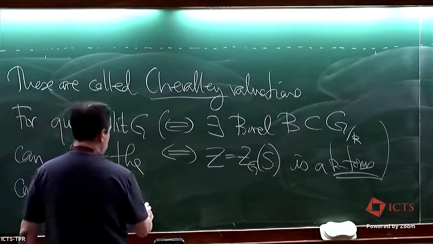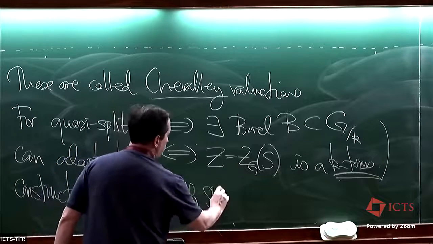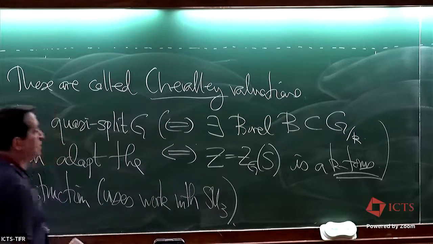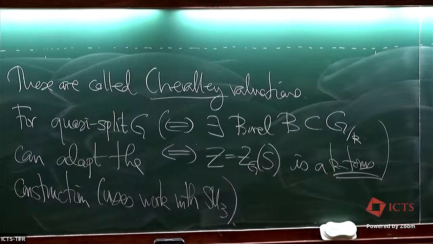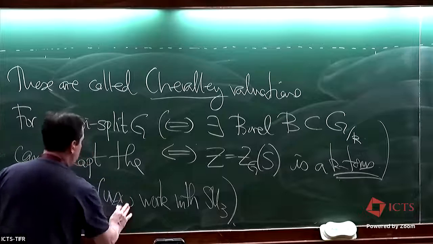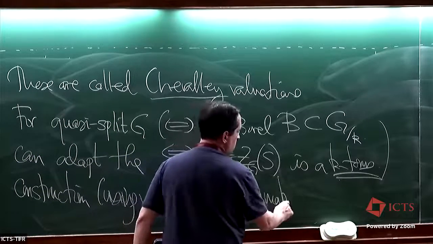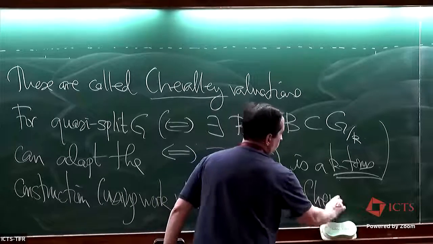So it uses some real work with SU3 attached to quadratic Galois extensions of K. So the adaptive construction using work with this again makes a notion of what we'll call Chevalley valuations.